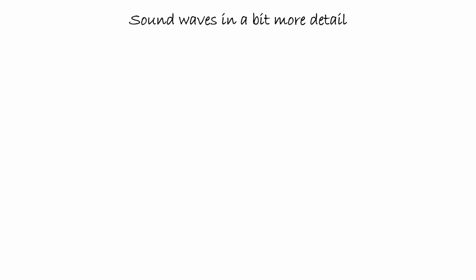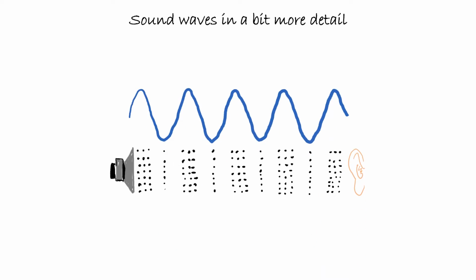Now, let's look at sound waves in a bit more detail. You see, compressions are the regions of high pressure where particles are crowded together and these are represented by the upper portion of the curve. Let's label these areas C. Then you can see that the upper parts, the peaks, denote the maximum compression and are called crests.